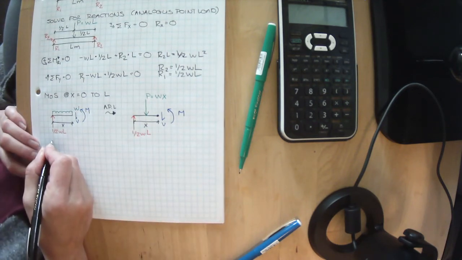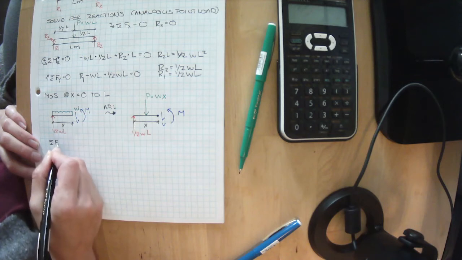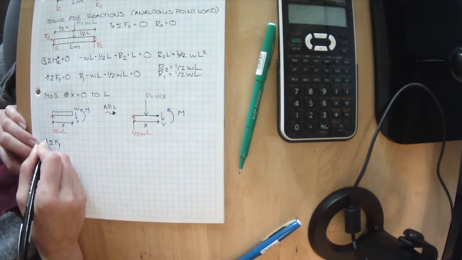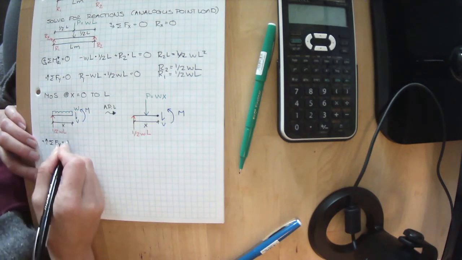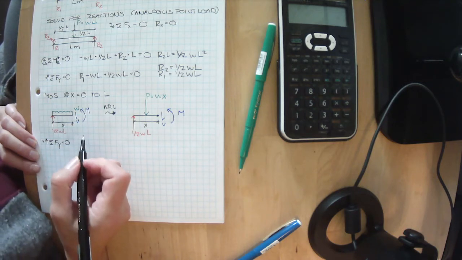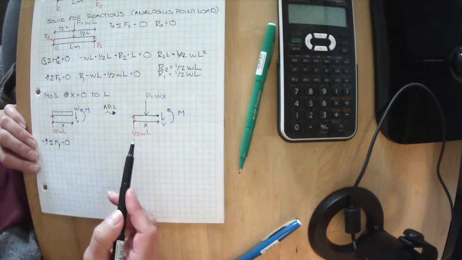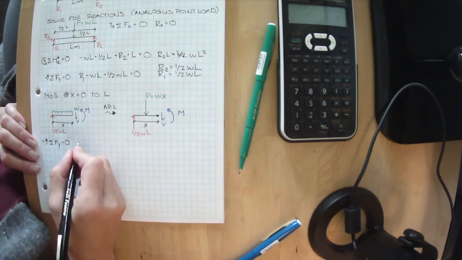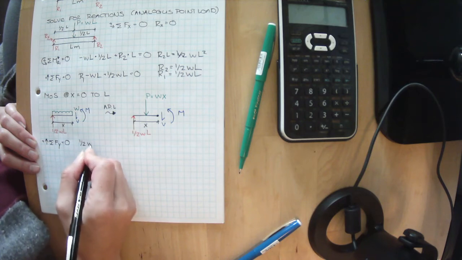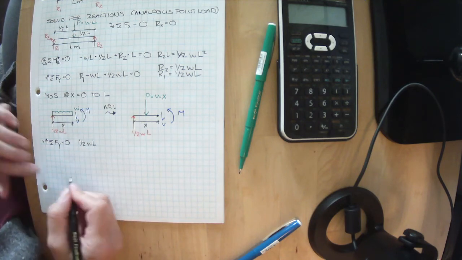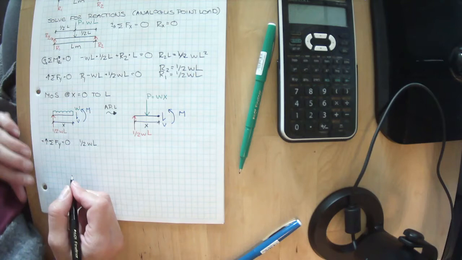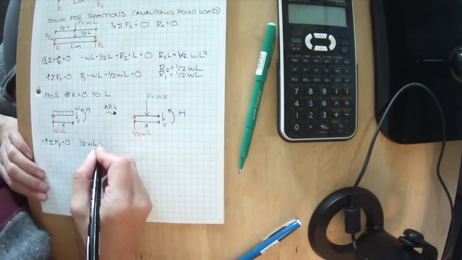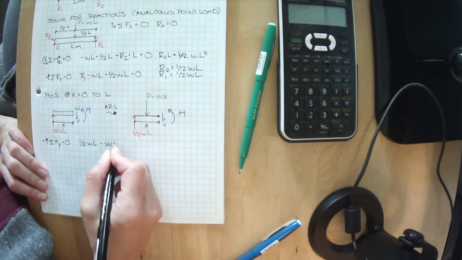Okay, let's sum the forces in the y direction, where everything upwards is positive. We have 1/2 WL going upwards. We have P going downwards, which is negative, so minus WX.